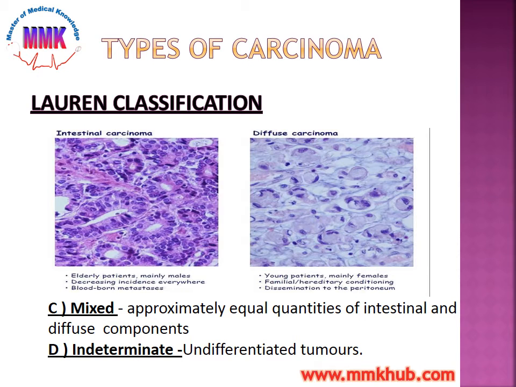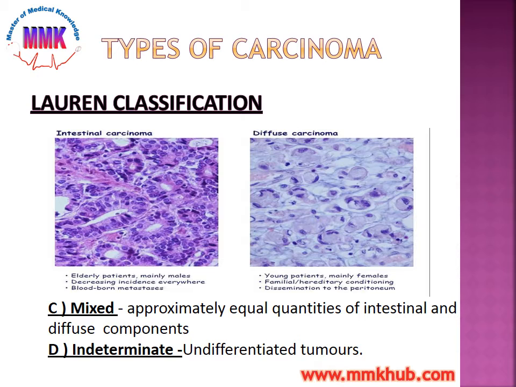Lauren classification classifies the gastric carcinoma into 4 types. First is the intestinal carcinoma, which is seen in elderly patients, mainly males. Now it has decreasing incidence everywhere and is associated with blood-borne metastasis. Diffuse carcinoma is seen in younger patients, mainly females.